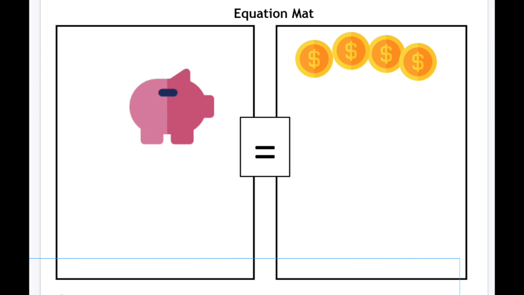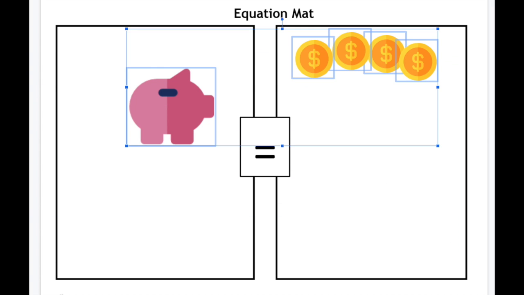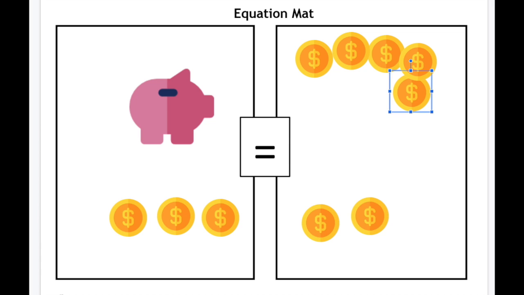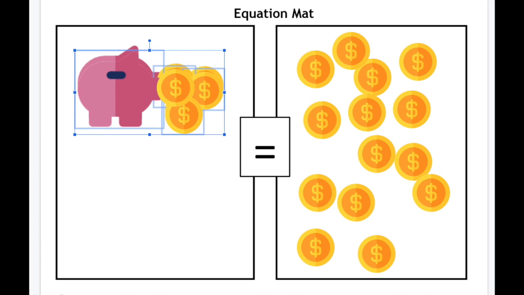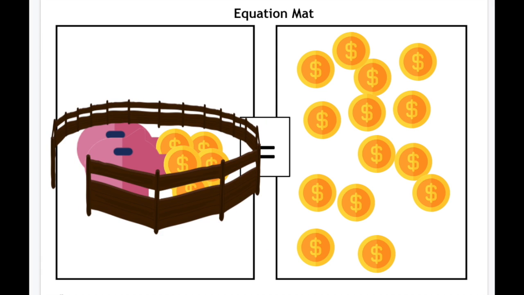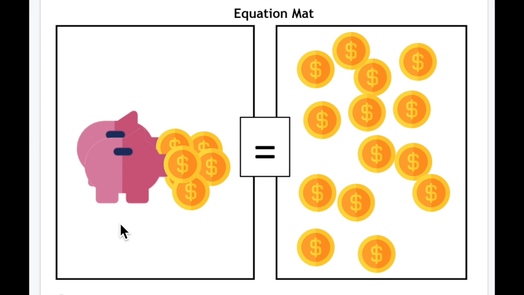So let me undo all this stuff. Let's go back to that corral. Where is that corral? Oh, there it is. Okay, but yeah, no, we still don't need it. So let's get rid of it. All right, here we go.